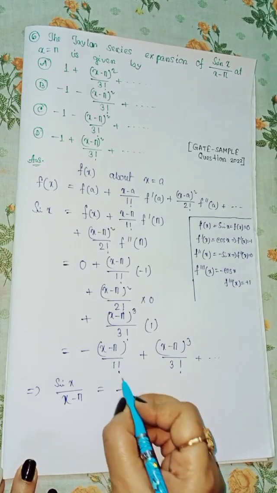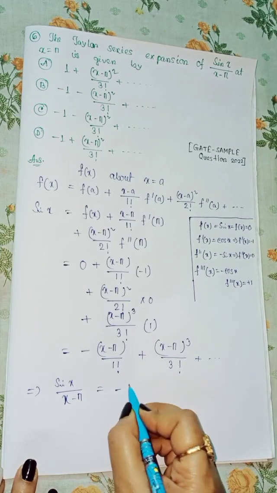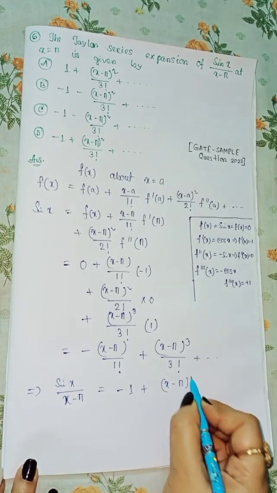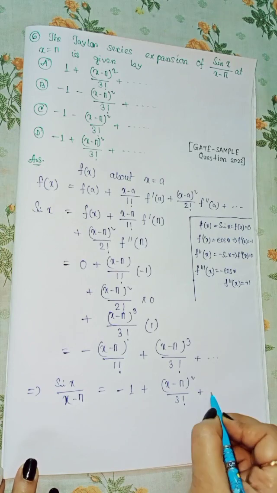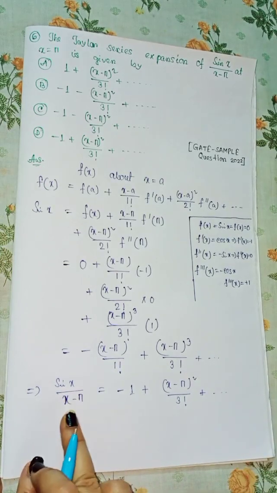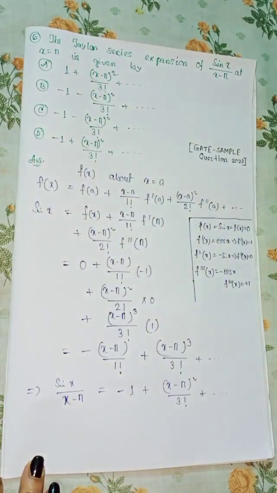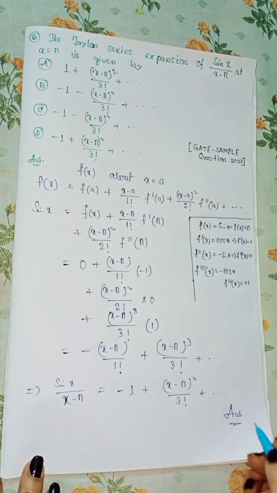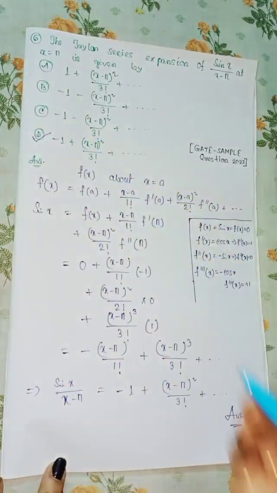So here we get 1 by factorial 1, that is equal to minus 1, plus x minus pi whole square by factorial 3, plus dot dot dot. So we should calculate the value of sin x by x minus pi at the point x is equal to pi. So we reached our required solution, and our correct option is option D.